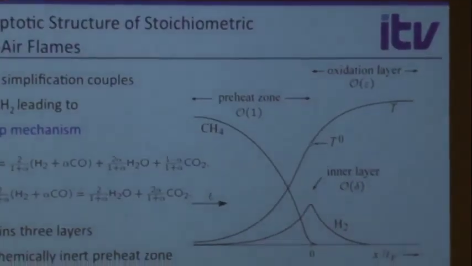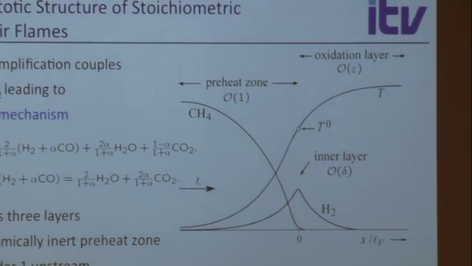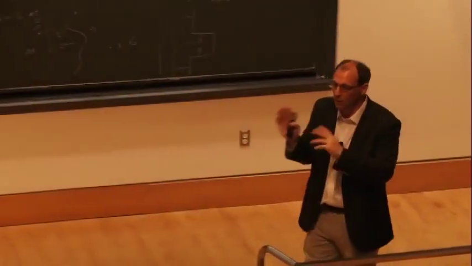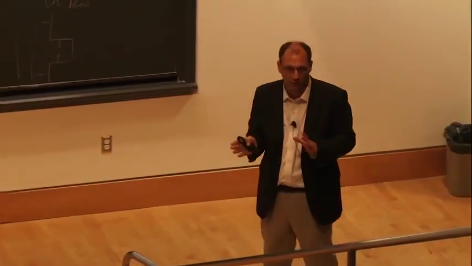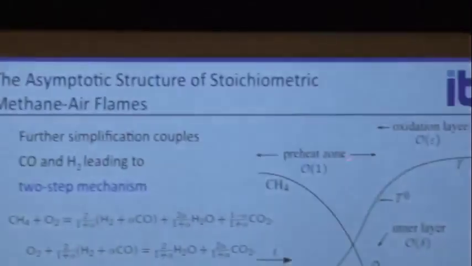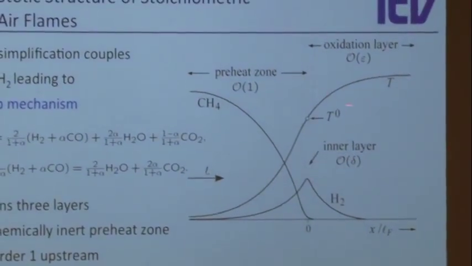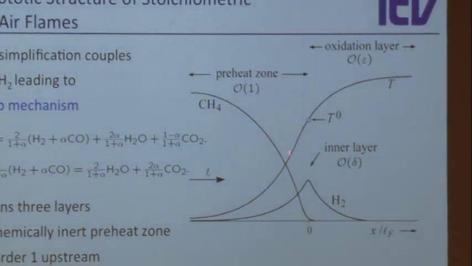That, in terms of the chemistry, is a very wide layer, because the CO to CO2 oxidation is relatively slow. And so we say this is order epsilon. Epsilon is much smaller than 1. But at the same time, this oxidation layer is much larger than the inner layer, which we say is of order delta. So delta is much, much smaller than epsilon. Okay, this is how these come together.